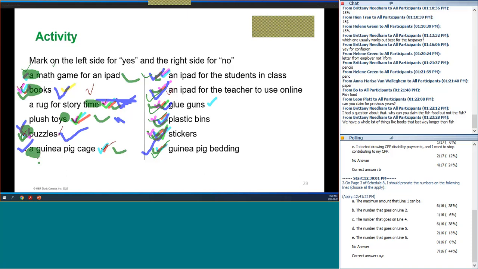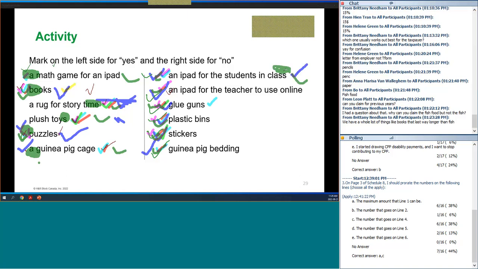All right. An iPad for the students in the class. Be careful on this one. You can claim educational software. You can claim a laptop for the teacher's use. Is there anything on the list that says if you buy an iPad for your students to use, you can claim it?